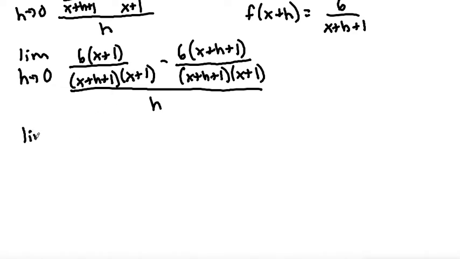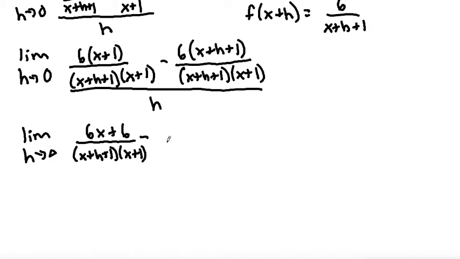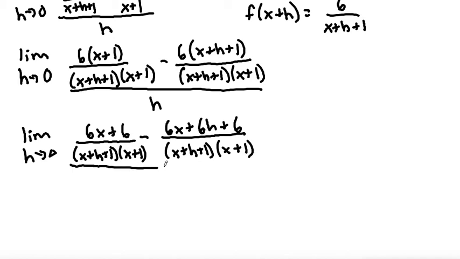So let's write that as the limit as h approaches 0 of 6x plus 6 minus, and that would be over x plus h plus 1 times x plus 1. Then distribute this one out as well, 6x plus 6h plus 6 over our common denominator, all over h.